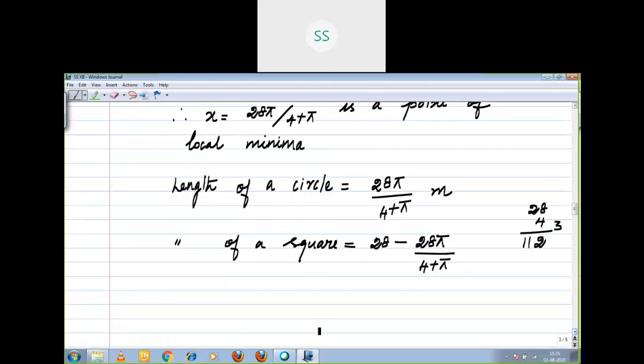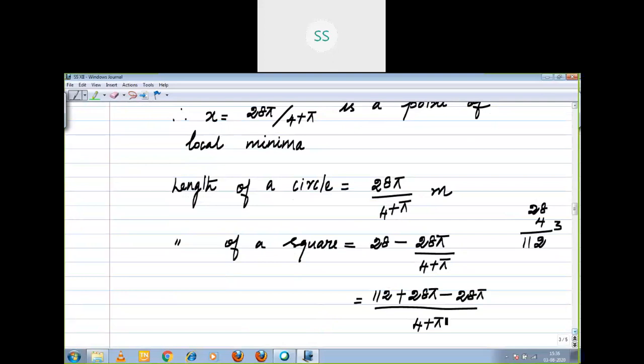Did you understand or not? Now, 112 plus 28 pi minus 28 pi divided by 4 plus pi.